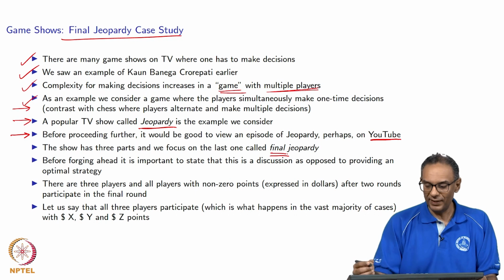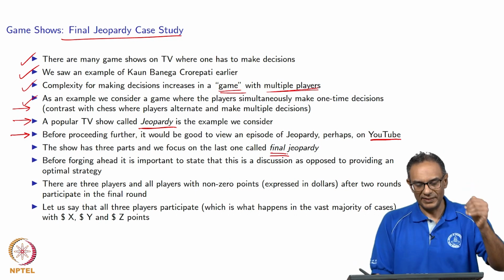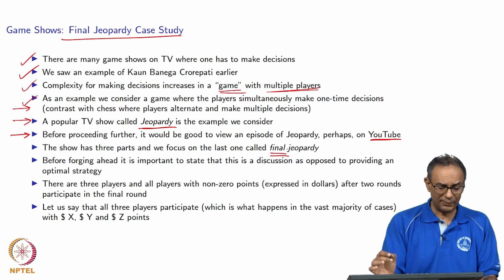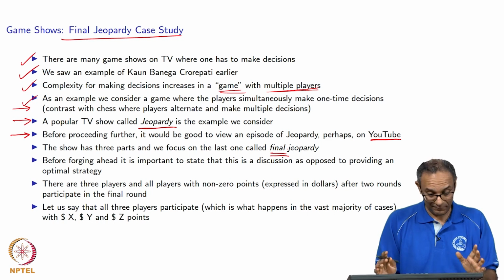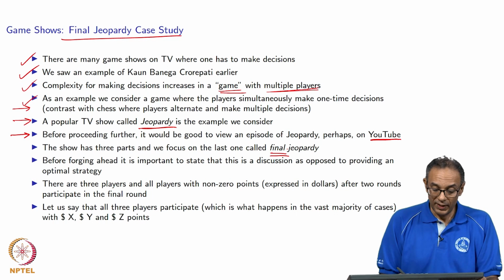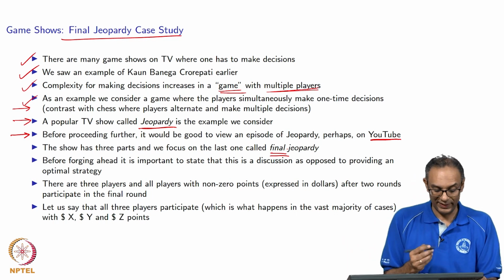So there are three parts in the Jeopardy game. The first part is the basic Jeopardy, then there's something called double Jeopardy, then there's a final Jeopardy. The final Jeopardy is all you need to see for today. This is what we are going to be talking about in this course. But I will tell you a little bit more about what happens in Final Jeopardy in case you don't get a chance to see it.